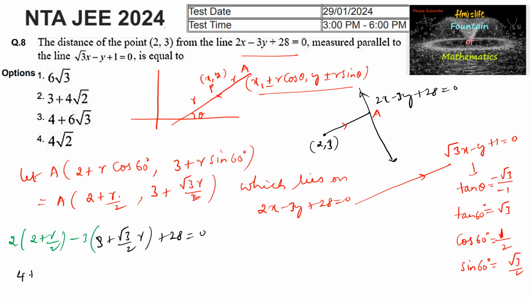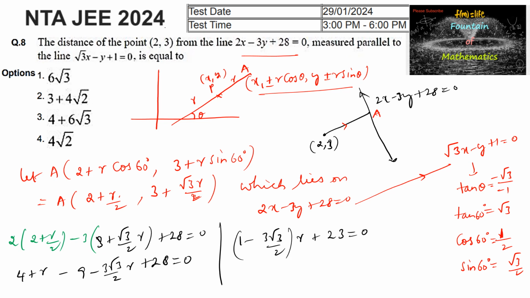Upon simplifying, we get 4 plus r minus 9 minus 3 root 3 by 2 r plus 28 is equal to 0. So we can write (1 minus 3 root 3 by 2) r, and 4 minus 9 is negative 5, negative 5 plus 28 is plus 23, equal to 0. So we can write r is equal to minus 23 upon 1 minus 3 root 3 upon 2.